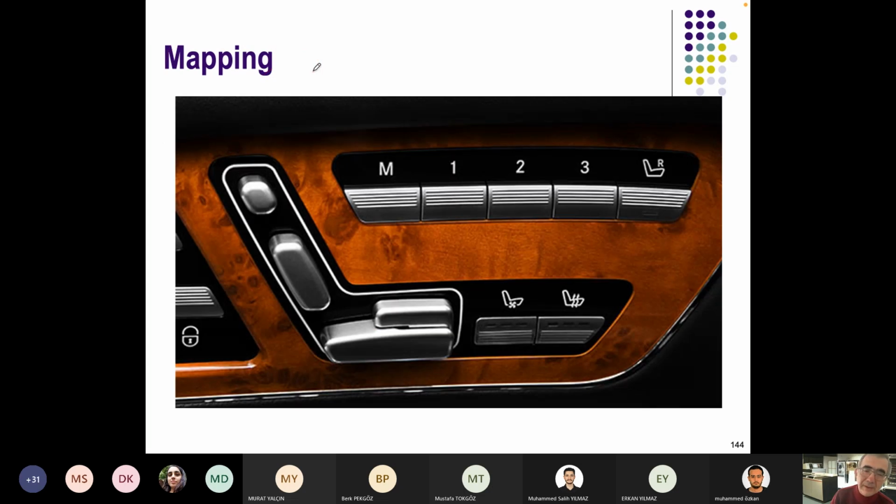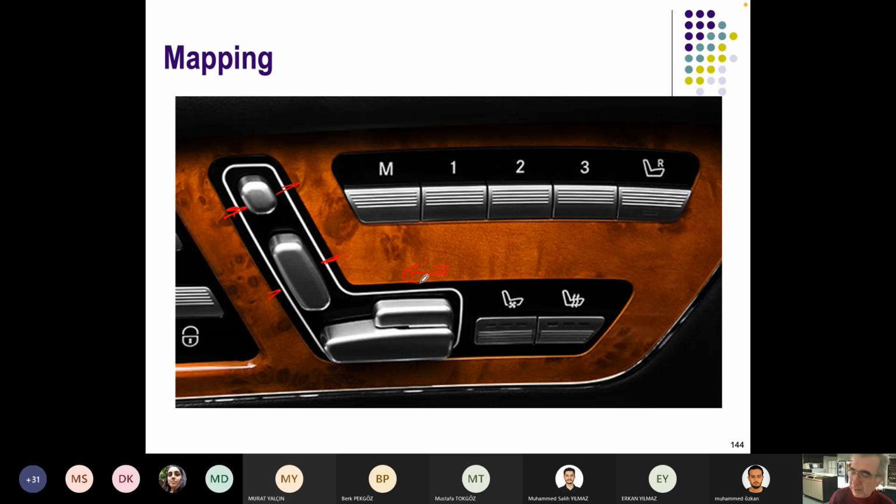One interesting example. This is from an early type of Mercedes car with controlled seats. These are movable. If you want to control seats, just hold it and move the associated parts.